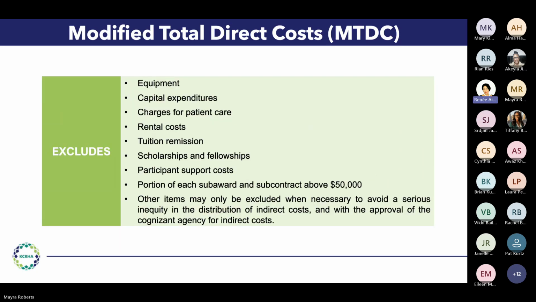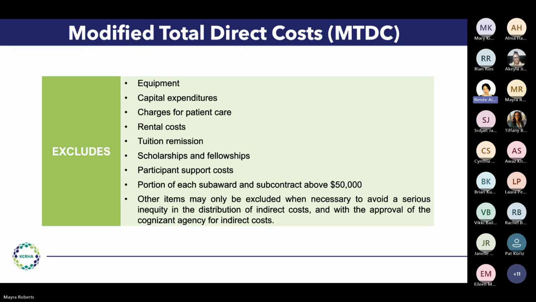It also excludes, so 50,000 and above subaward contracts, it also excludes equipment, capital expenditures, charges for patient care, rental costs, tuition remission, scholarships and fellowships, participant support costs, and we had questions about that before, and so I'm going to circle back to that in a moment. And as previously stated, the portion of each subaward or subcontract above 50,000.